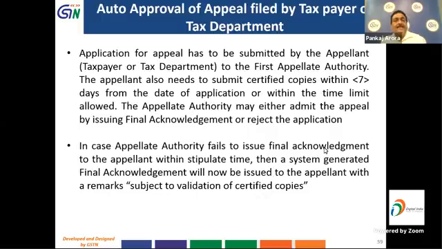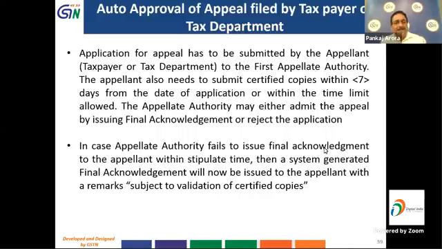Another feature is that earlier, after filing an appeal to the first appellate authority of the tax department and generating the ARN, the taxpayer was required to submit the copy of appeal documents to the respective authority, and after being satisfied, those appeal authorities issued the acknowledgements.